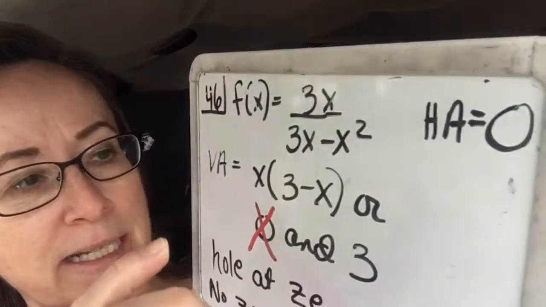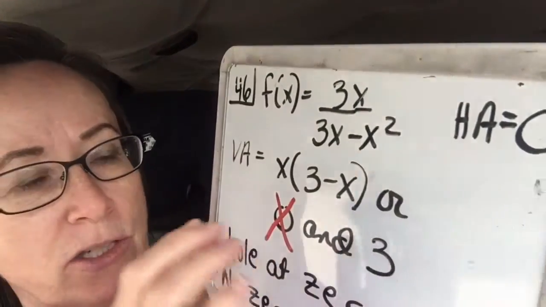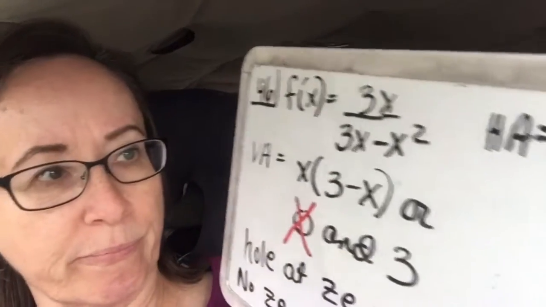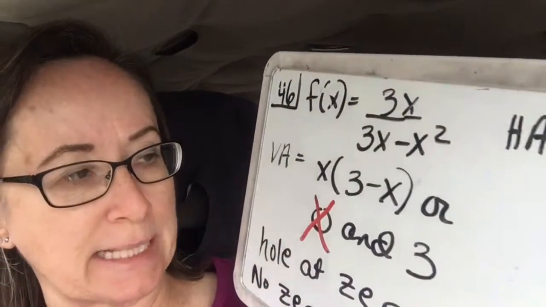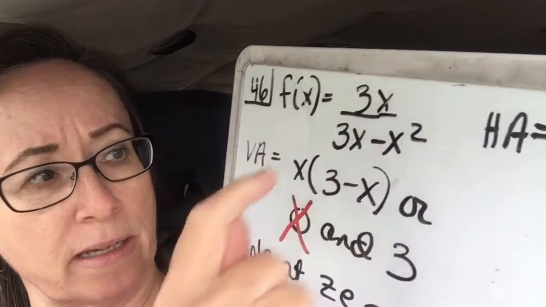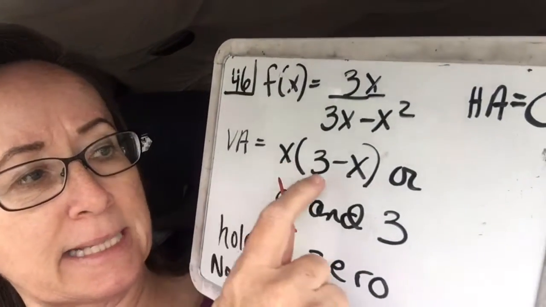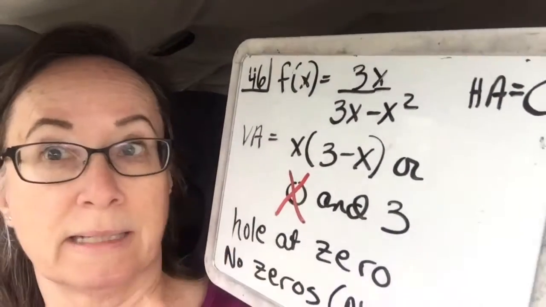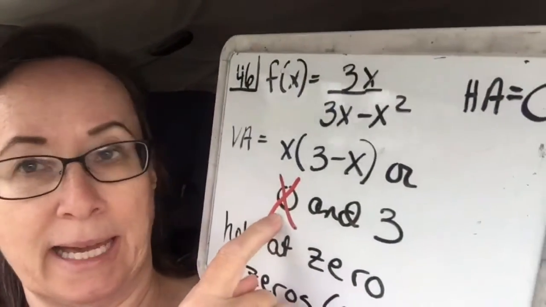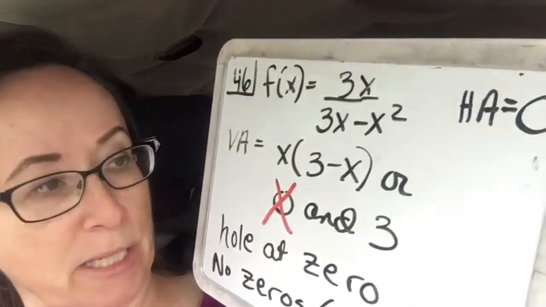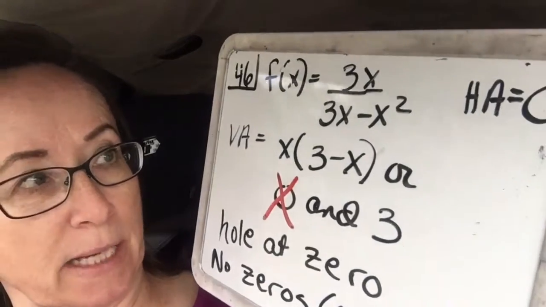And I noticed right away, when I started to look at our horizontal asymptote and our vertical asymptote, that when I factor this denominator, it is an x times a 3 minus x, which would lead us to think immediately that we had a 0 and a 3 for our vertical asymptotes.